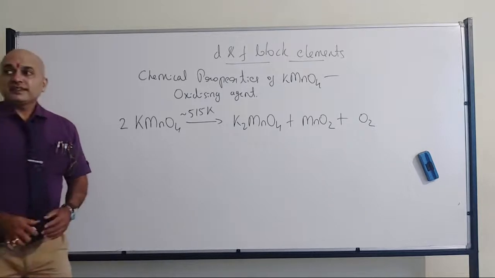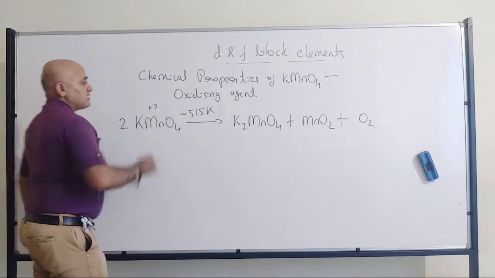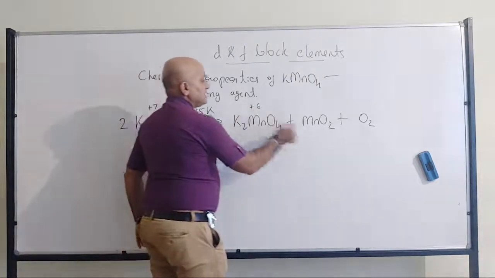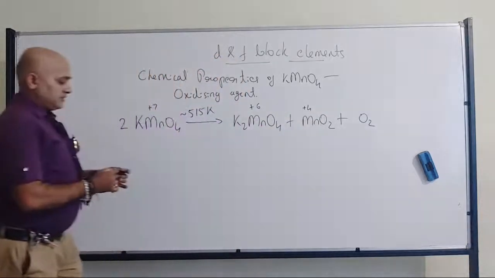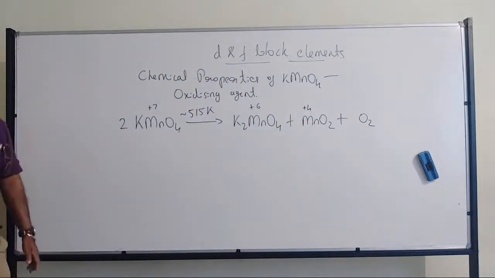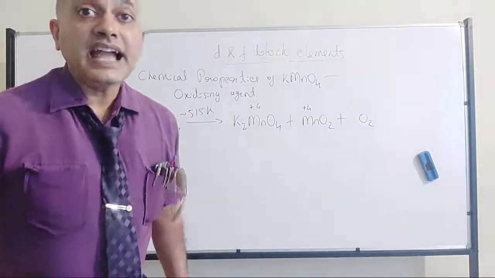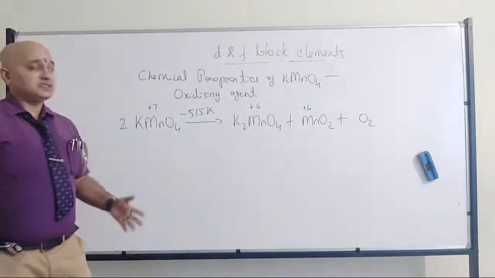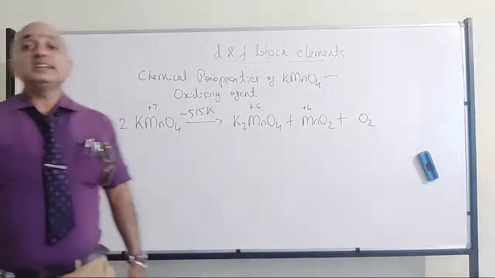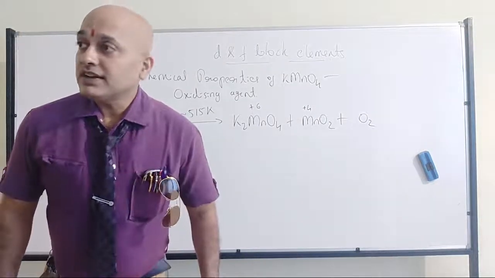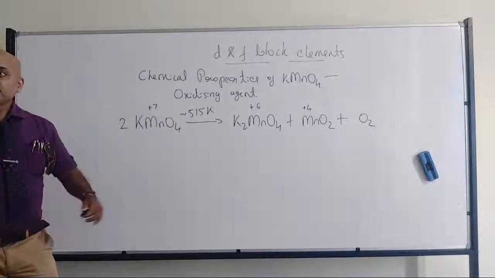If I say manganese is in plus 7, then plus 6, here plus 4. In a reaction where an element is in more than one oxidation state, then we can call it a disproportionation reaction.